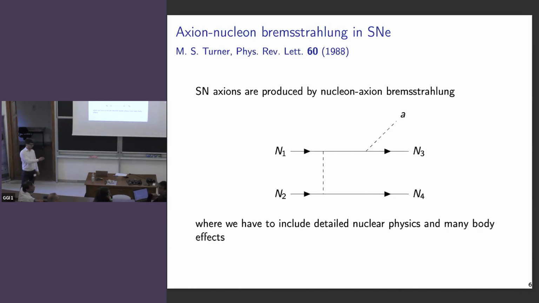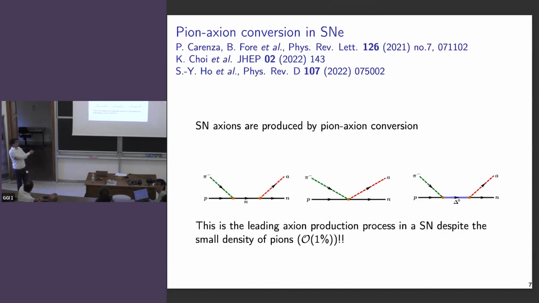But among the two processes, this is the dominant production. Actually, it is a factor of two larger. So I mean, they can compete. This is the dominant process.